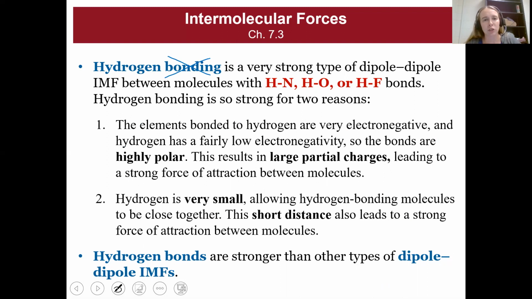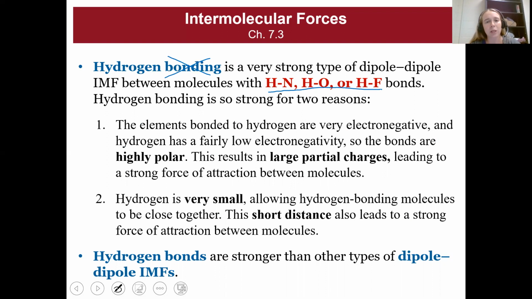Anyway, hydrogen bonding only occurs between molecules with these three types of bonds, never anything else. No hydrogen-hydrogen bonds, no carbon-hydrogen bonds, no chlorine-hydrogen bonds, just hydrogen-nitrogen, hydrogen-oxygen, or hydrogen-fluorine bonds.